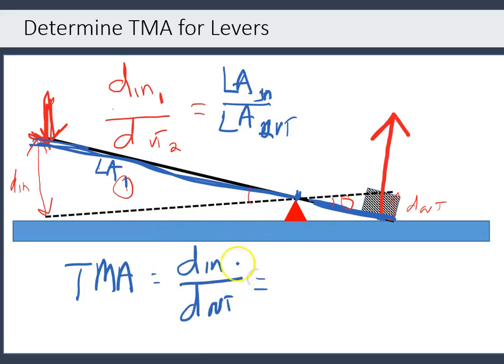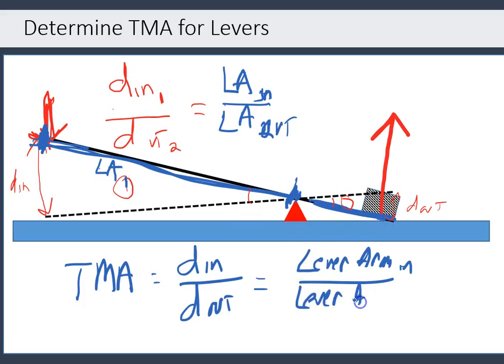But with levers, a usually more convenient way is to measure the distance from where you put your input force to the pivot point, and we're going to call that lever arm in, divided by the distance between the pivot point or fulcrum and the output force, which is the lever arm out.